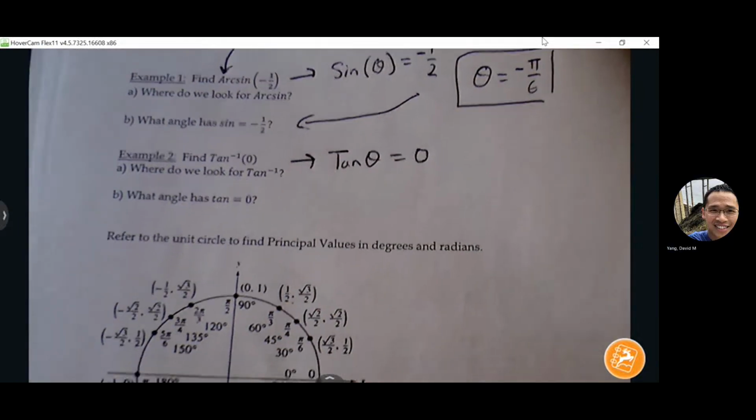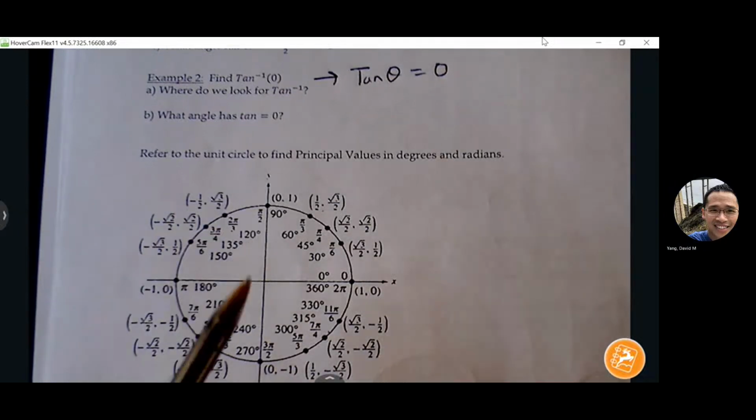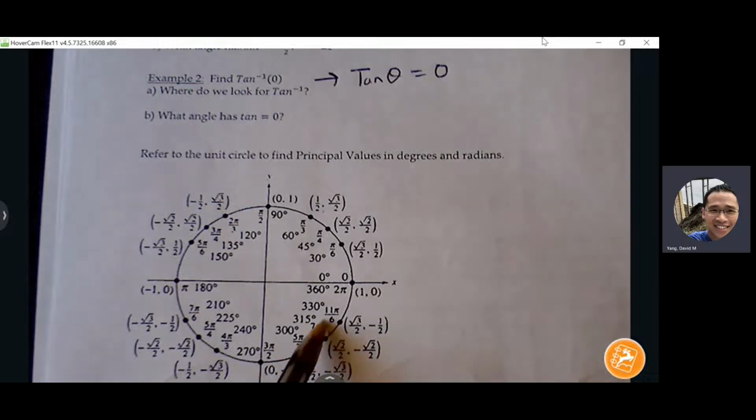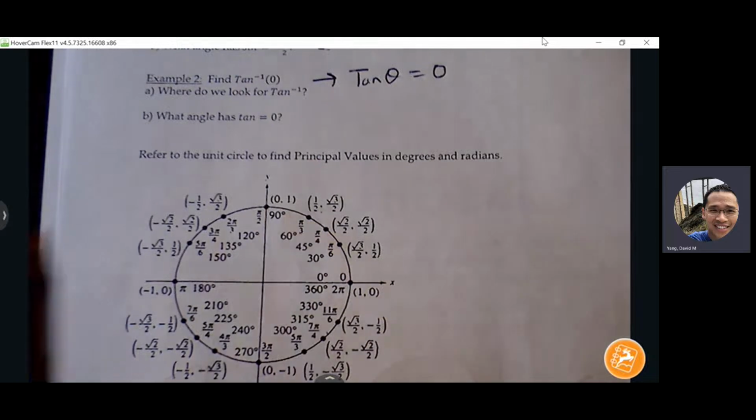Okay. Where is tangent equal to 0? Tangent is y over x, right? So tangent of 0 is 0, because 0 is in that restricted domain from negative pi over 2 to pi over 2.